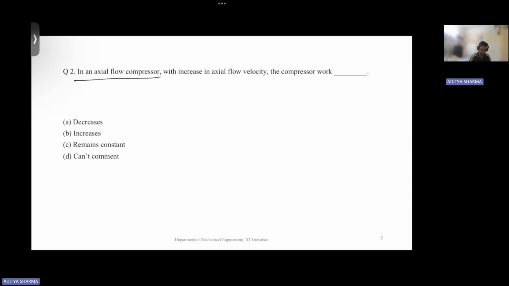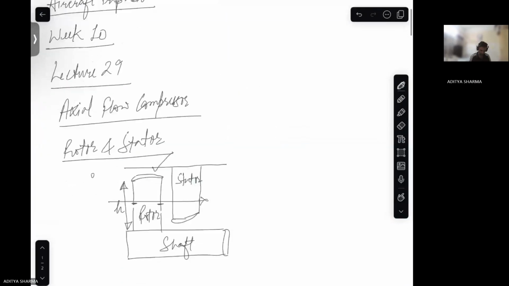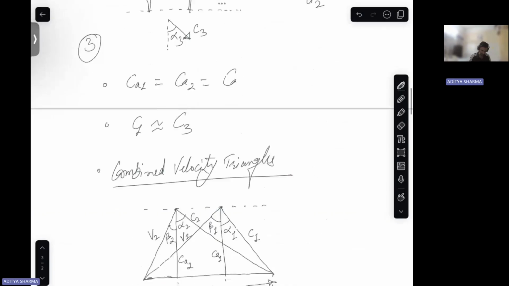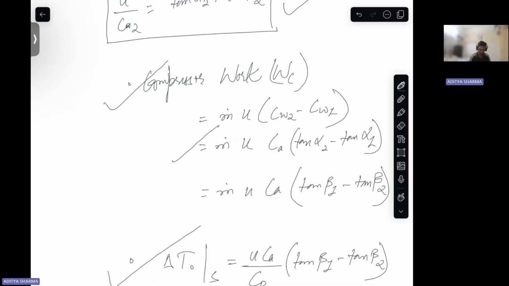In an axial flow compressor, with an increase in axial flow velocity, what happens to the compressor work? This is a direct formula. If you see, this is your compressor work. Here you see the axial velocity. If you increase it, what will happen?